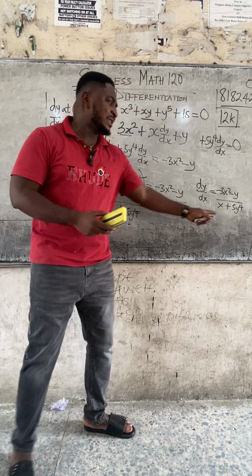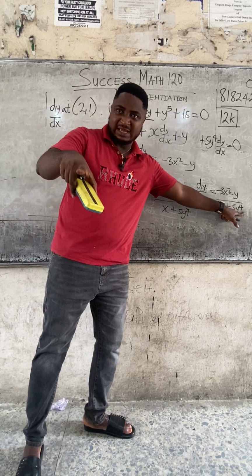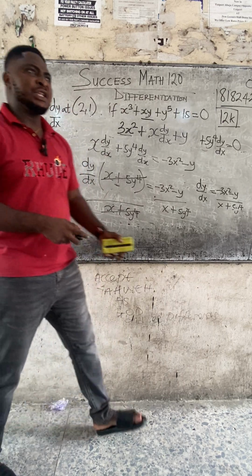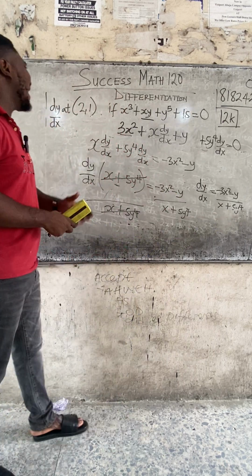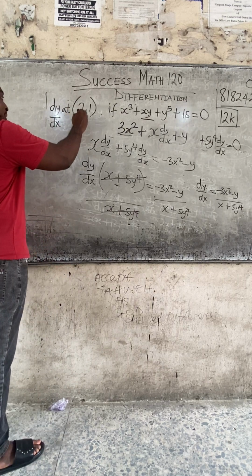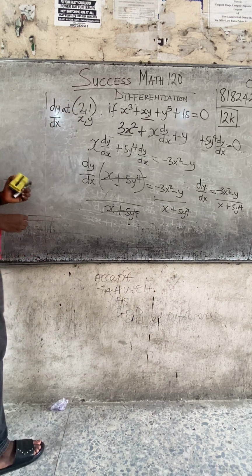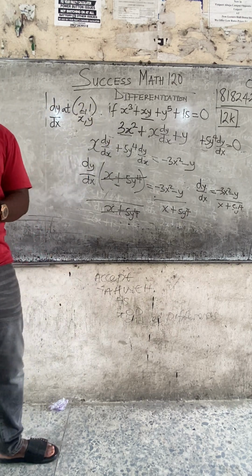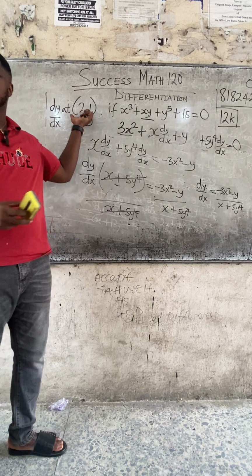Class, actually we are done at this level. This is the dy/dx, right? But class, they say at (2,1). Anytime they say at (2,1), the first entry represents the x component, the second entry represents the y. So it means that x equals 2, y equals 1. This is a coordinate.